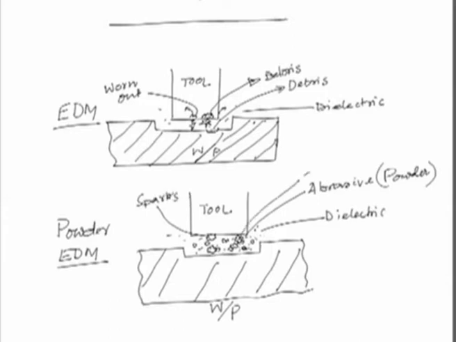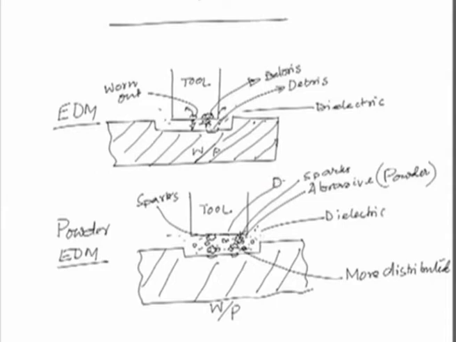In comparison to the previous case where more concentrated sparks were produced, in the powder EDM case the sparks are more distributed, and therefore the corresponding erosion taking place will be in smaller quantity.